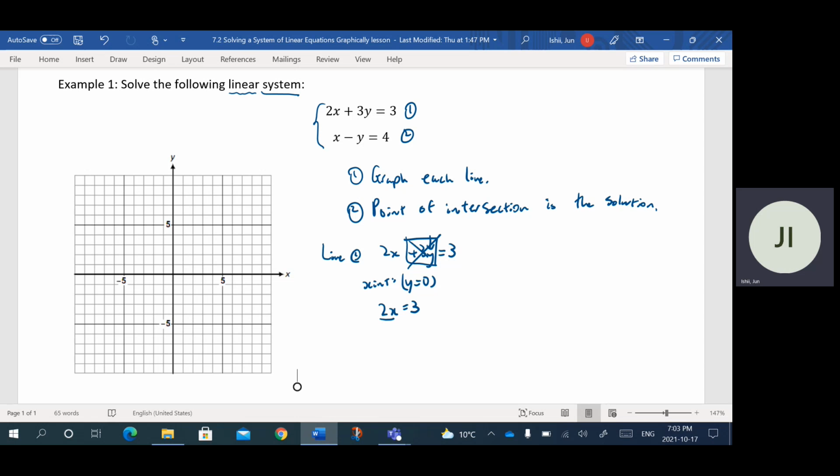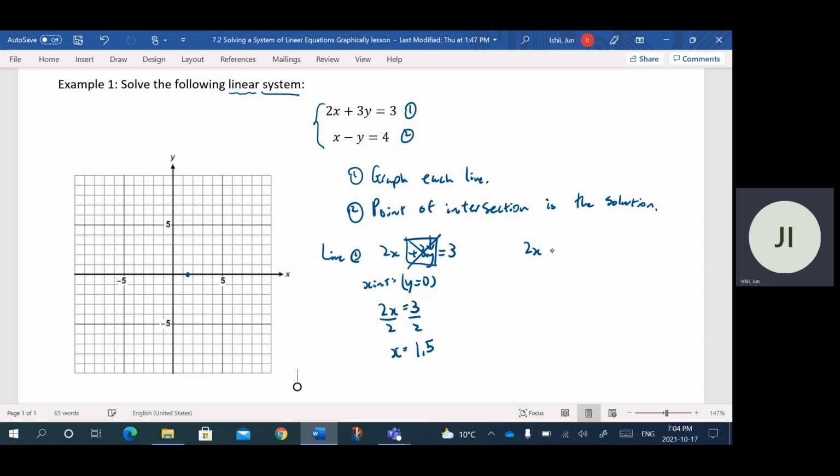We divide both sides by 2, and x equals 3 over 2. When it comes to graphing, rather than leaving it as a fraction, I'm going to change it to a decimal, which is a little easier to understand. So the x-intercept is 1.5, which is approximately right here. I plotted that one.